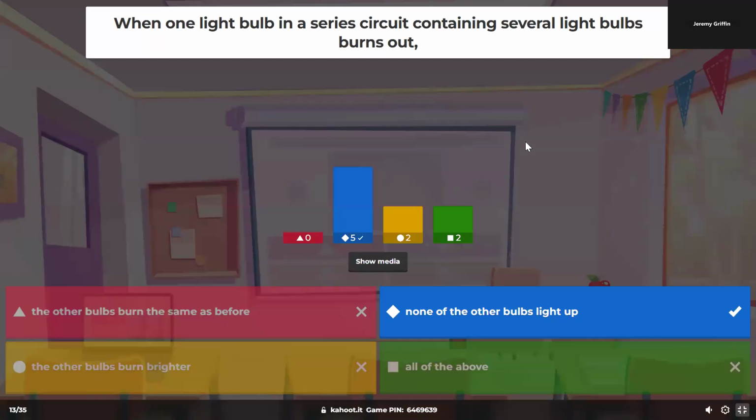Yeah, none of the other bulbs light at all. Because wouldn't that open the circuit? And there's no path for the electricity to flow through. So you burn one bulb, that one bulb burns out, that opens the circuit. Now there's no complete path from the cathode to the anode.